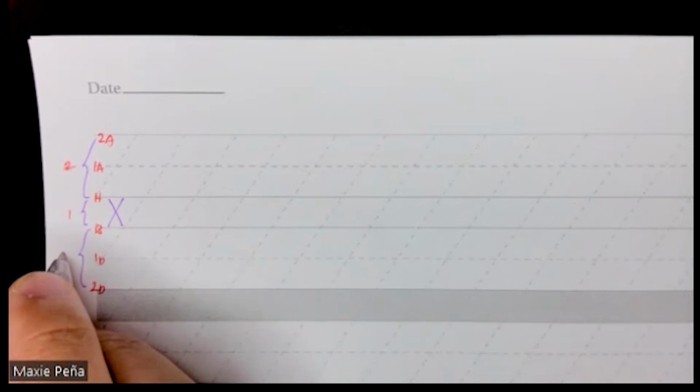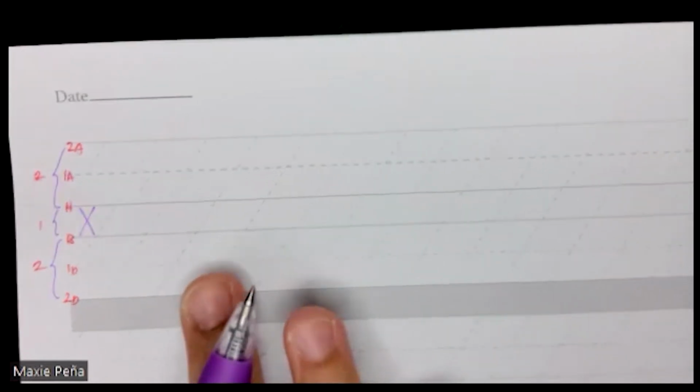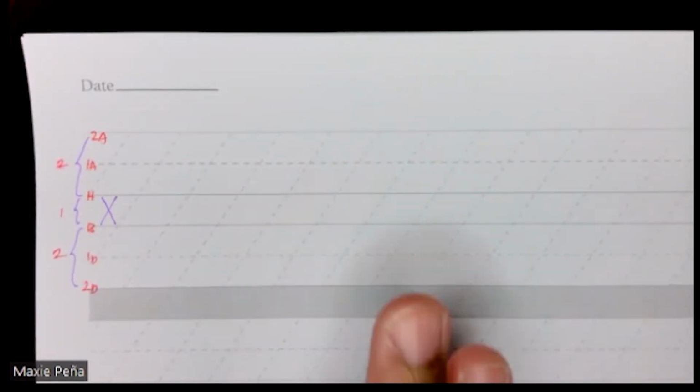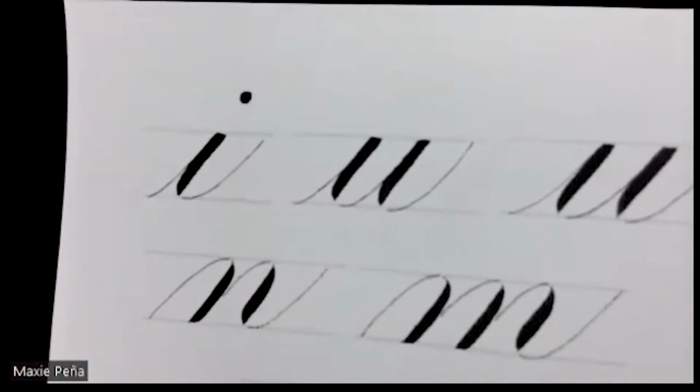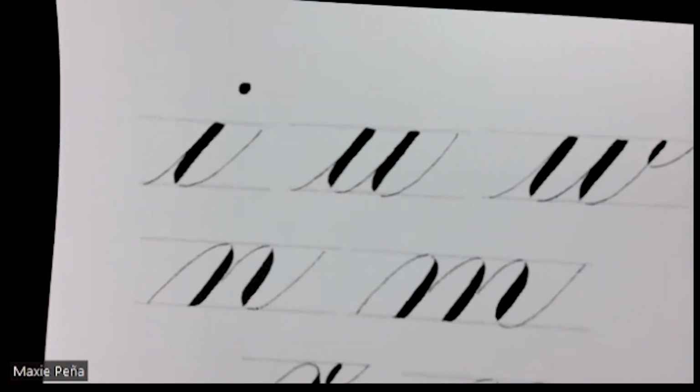This is where our short letters will sit, and my lower loops also extend to 2 spaces long. And side by side, while I'm gonna write the letters over here, I will have this exemplar on the side.